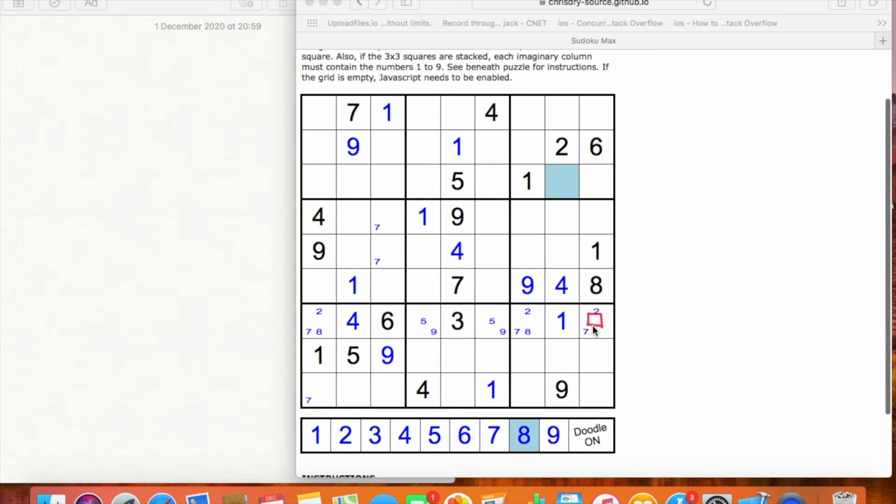Well, if a 7 were to go into that square there, it would be a top right 7. So there couldn't be a 7 in this square. The only other 7 there could be in that block would be this 7 here.